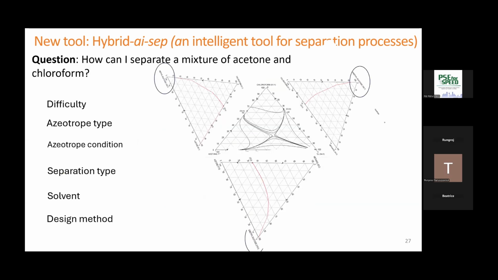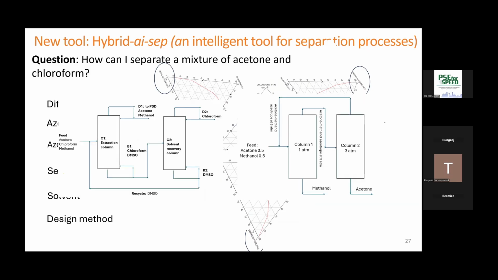So we find the good solvent, DMSO in this case, happens to be quite good. So we can extract chloroform, and then we have the flow sheet on the left to extract chloroform, and flowsheet on the right is pressure swing distillation. All of these can be done through hybrid AI SEP.